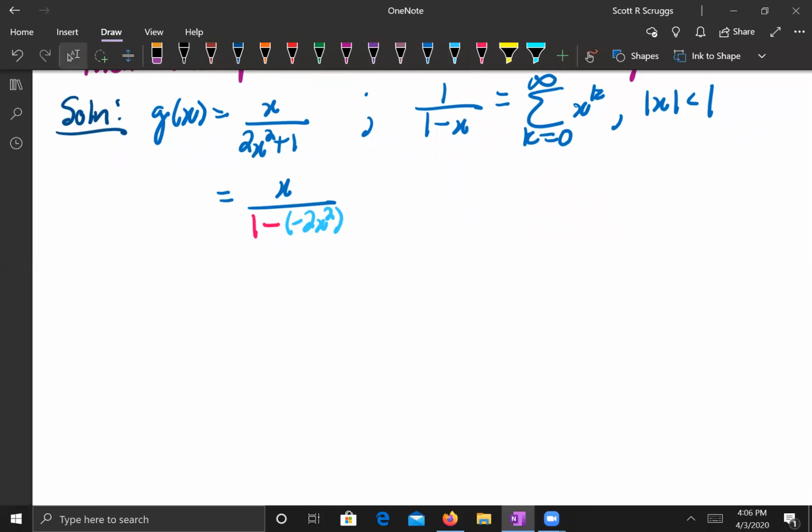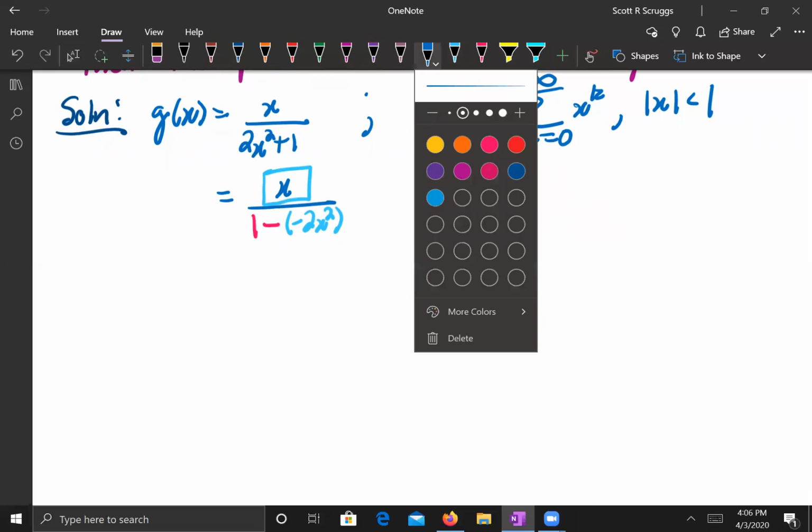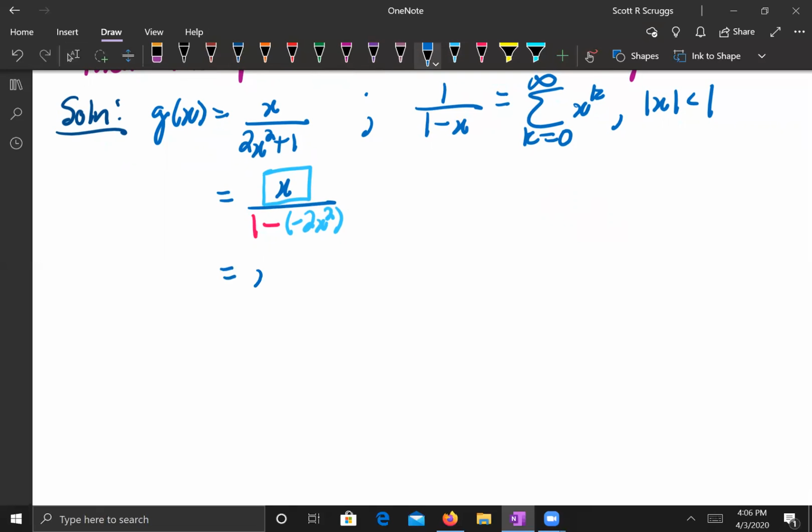And the next thing I'm noting is I have that coefficient x that I don't know a power series representation for. So I'm going to move that up to the front and work with 1 over 1 minus negative 2x squared for that. And now I know how to deal with this guy. I'm now in the same form as 1 over 1 minus x.